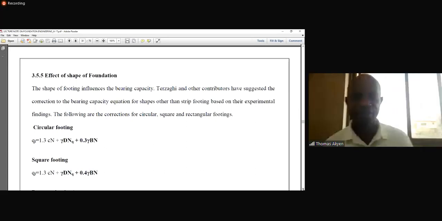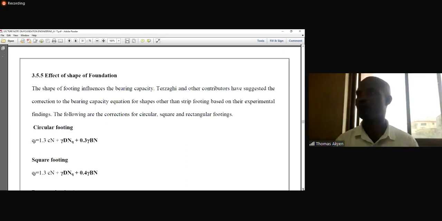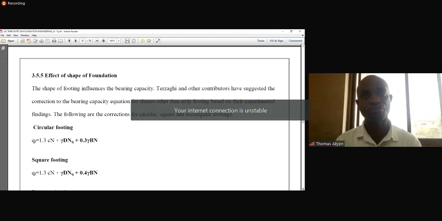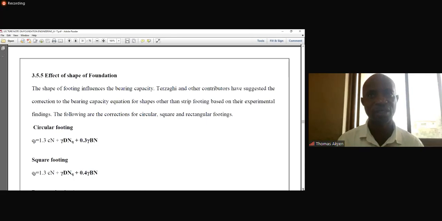So Terzaghi and the other contributors realized that the first formulas and the first empirical equations that they proposed needed extensive research in the lab and improvement, in order to come up with equations that could solve the problem of circular footing, square footing.